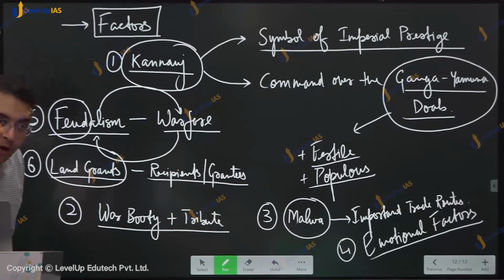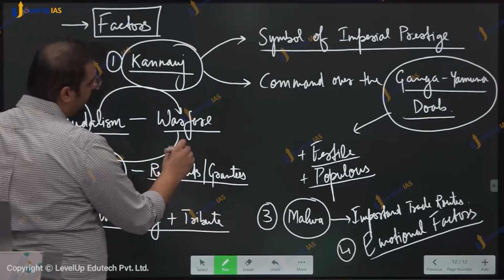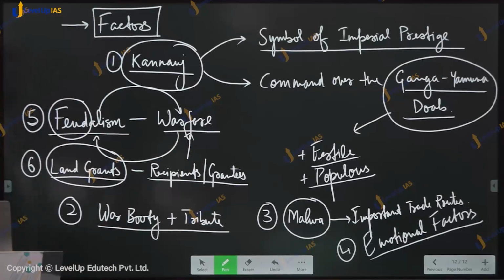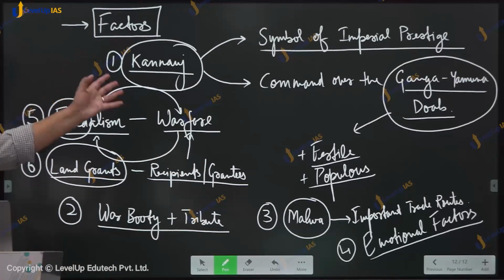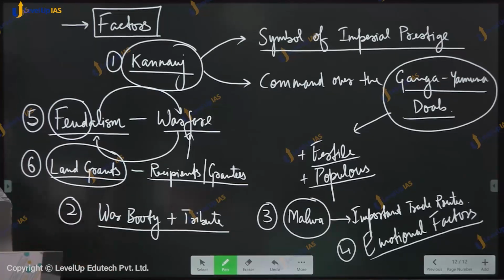They wanted more and more land to be granted to their section of the population. And how are the kings going to get more land? Through territorial conquest. And this drive for territorial conquest was leading to warfare. Such groups were present in all three kingdoms. Therefore, continuous territorial expansion was a political necessity for all three empires of this period. Okay? These are the important factors for this tripartite struggle.